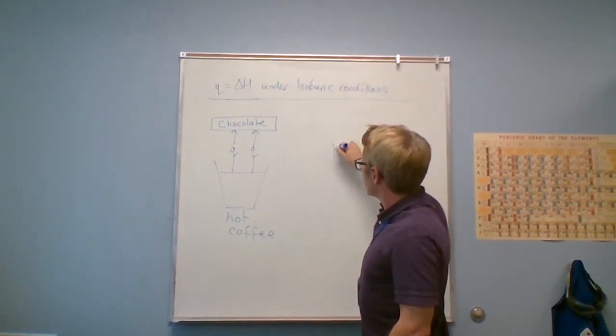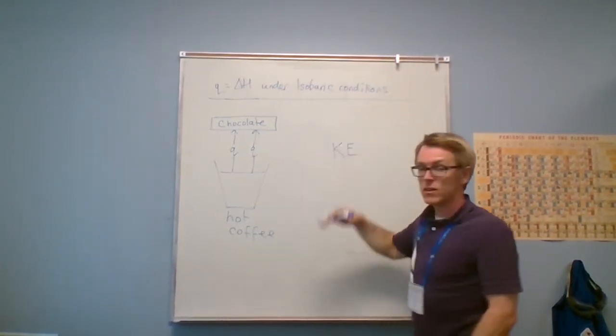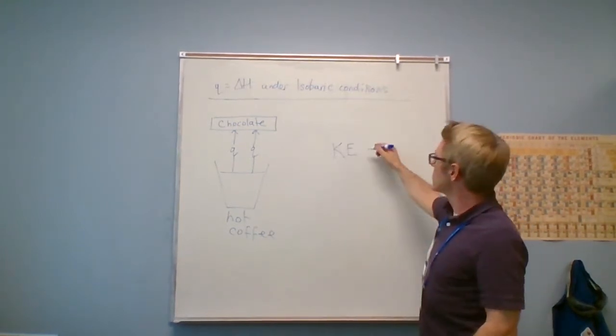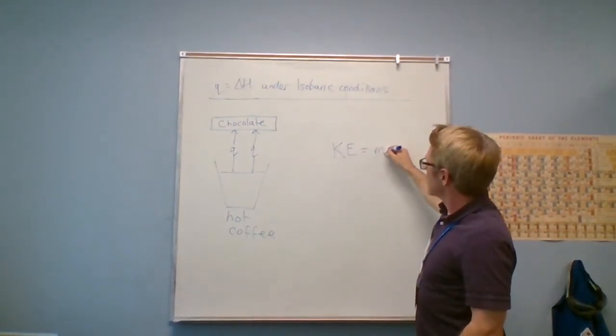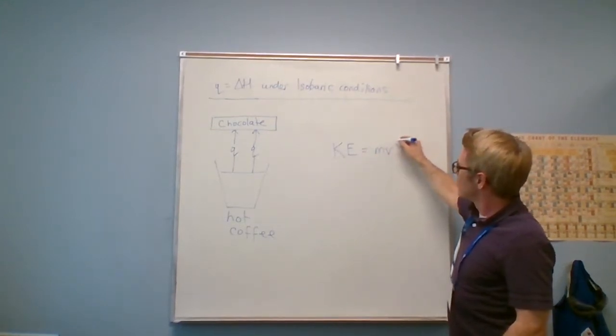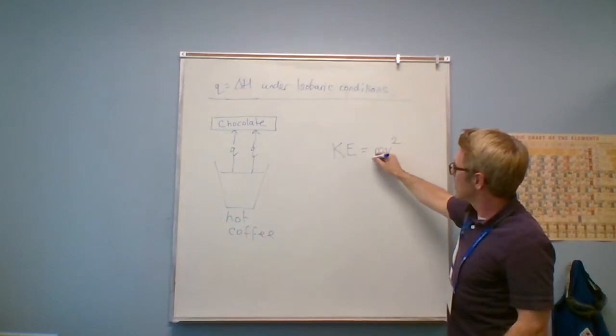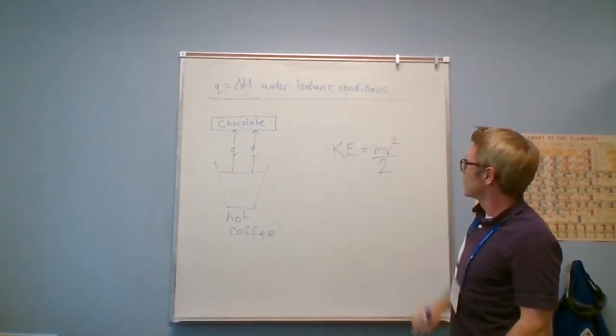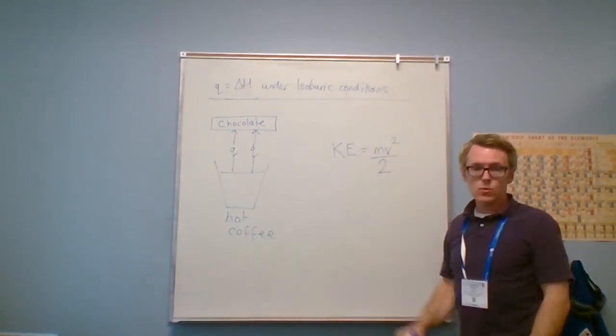We know the kinetic energy, which is the energy of motion. Anything that moves has kinetic energy. Kinetic energy is the mass of an object multiplied by its squared velocity over the number 2. This equation is worth remembering.